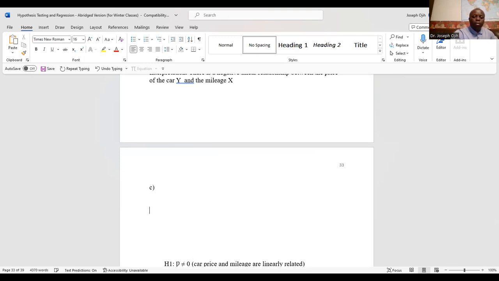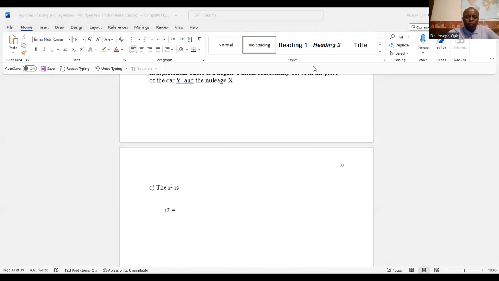So I'm going to make this R squared. R squared equals, now we go to our regression output again. You can see the R squared right here.